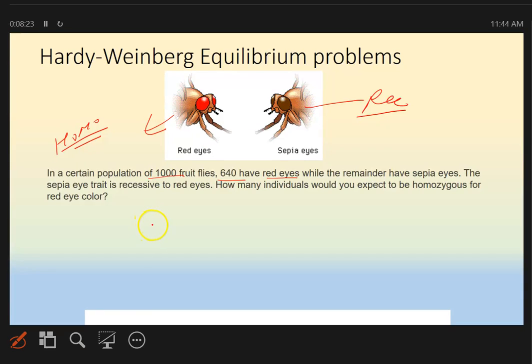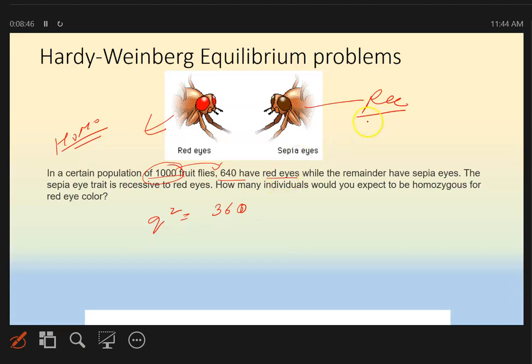Again, we start out with Q squared, which equals the recessive, because this is the homozygous recessive. So Q squared equals 360. Where did I get 360? Because there's a total population of 1,000, and 1,000 minus 640 gives me 360, which is the sepia.